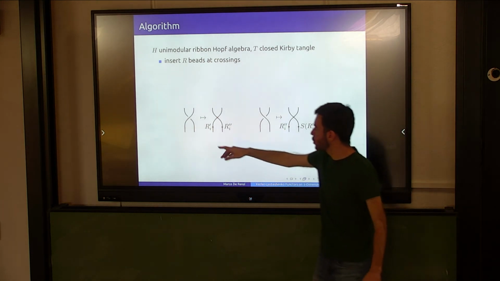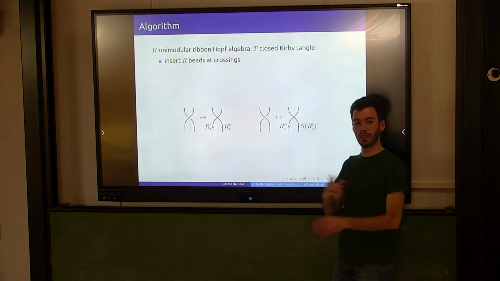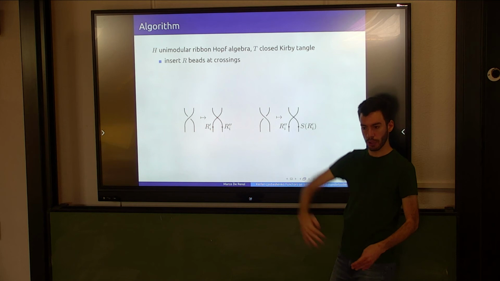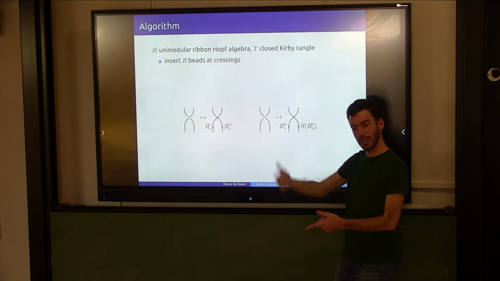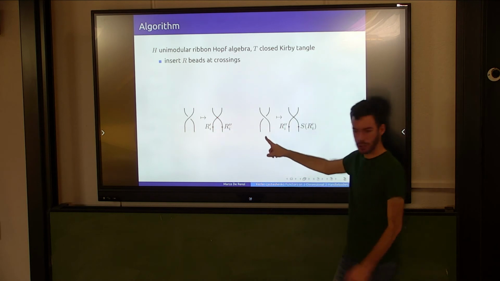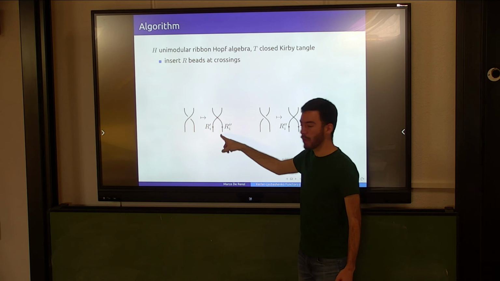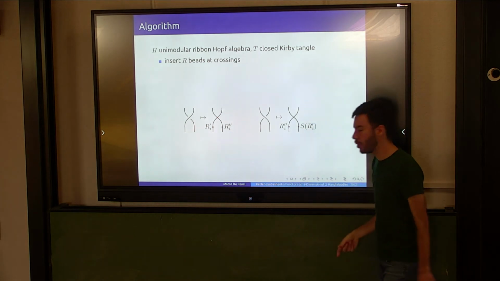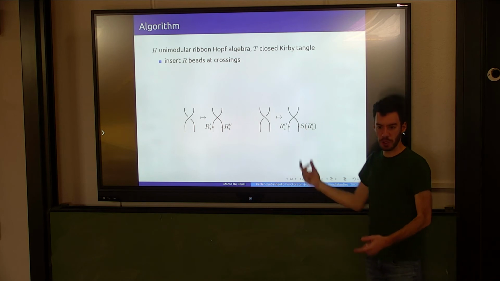Right, so what you do is, if you see something like this, let's call this a positive crossing, so we choose an orientation from bottom to top of our diagram. So we don't orient our diagram, but we read it from bottom to top, so we distinguish this configuration from this one. And in this case, we place the R matrix on the two components. In this other case, this is kind of the inverse of the R matrix.